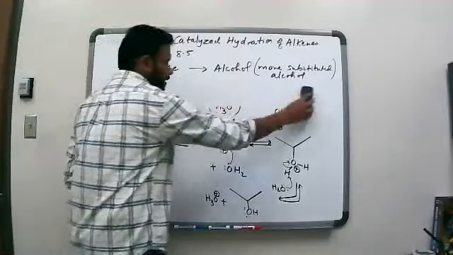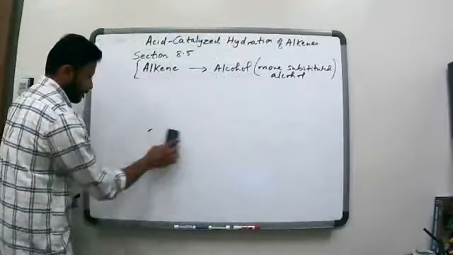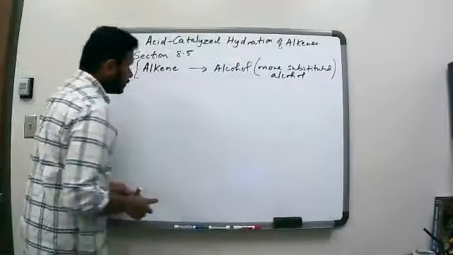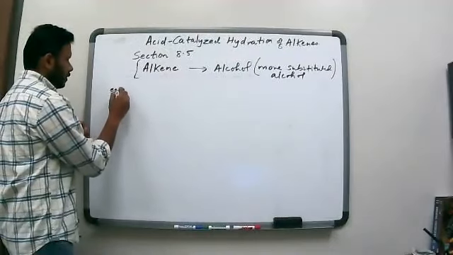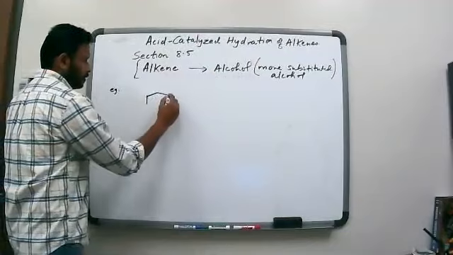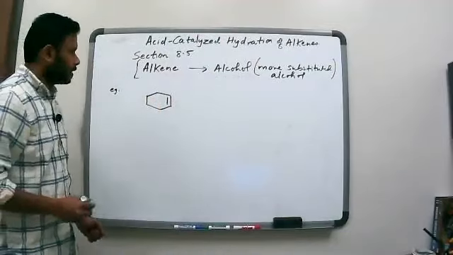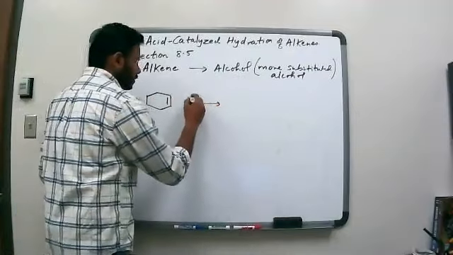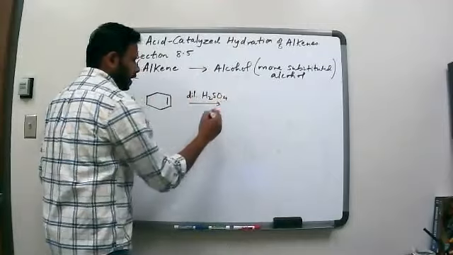Let's look at a few examples. Now we can go ahead and apply this to a few scenarios. Let's say we have cyclohexene and we react this with dilute sulfuric acid.